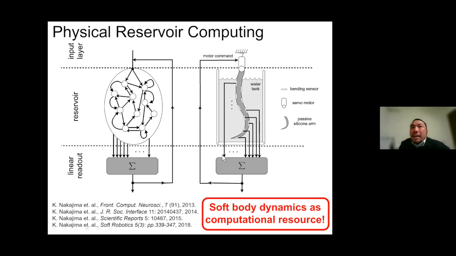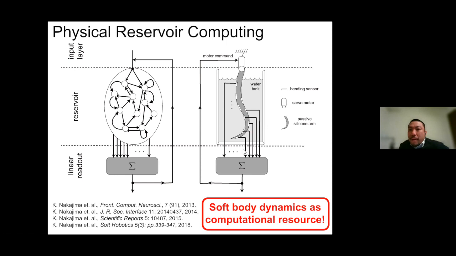And also, as we saw, this kind of reservoir computing system is frequently used to implement some closed loop control, as we saw earlier. So we can implement some autonomous oscillators, for example.